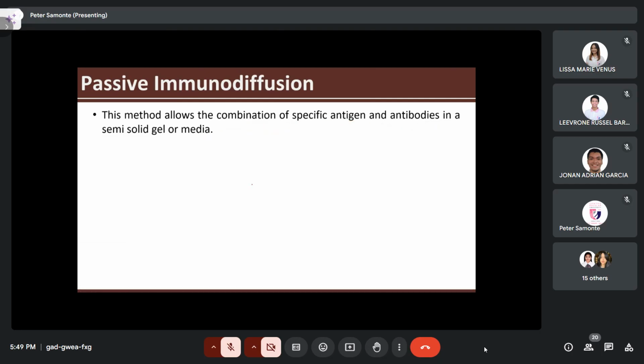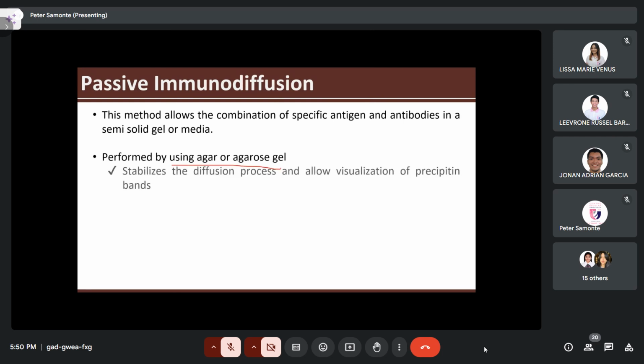So you identify the combination of antigen and antibody using gels or media such as agar. Performed using agar or agarose gel, it stabilizes the diffusion process and allows visualization of precipitin bands. So you will have precipitation bands, which I will show to you later. It does not use an electric current to diffuse.